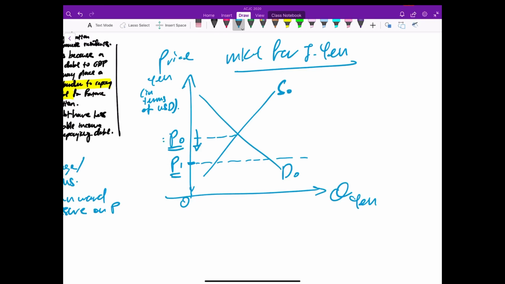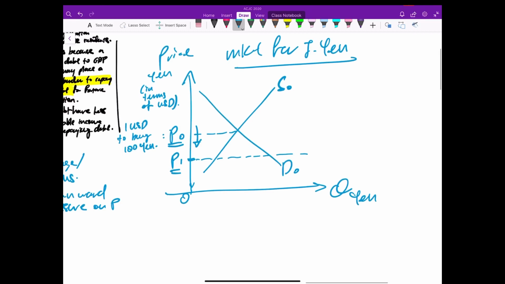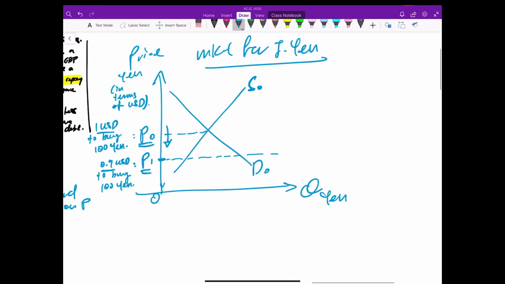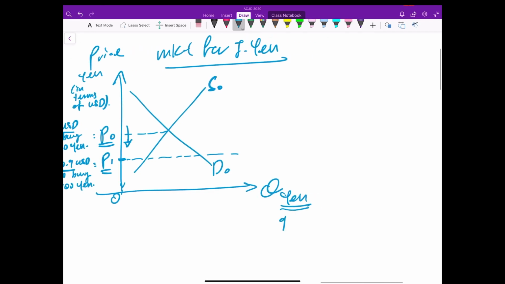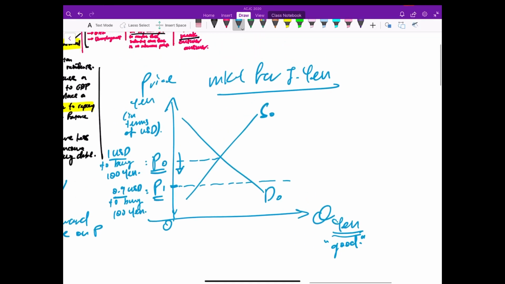So you can imagine maybe you take $1 to buy 100 yen. Then here, you only take 90 cents USD to buy 100 yen. Okay, so this is the price. That's why it's a fall in value, because you only need less US dollar to buy the same amount of yen. So yen is the good, or the service in this market.